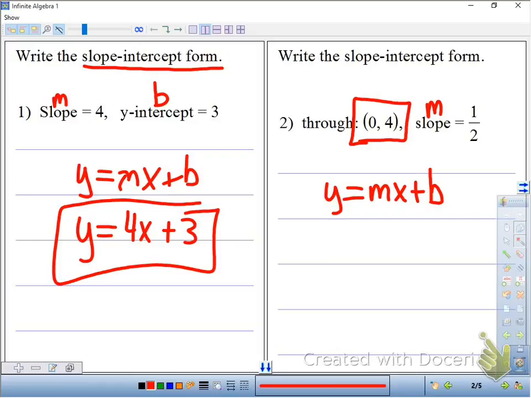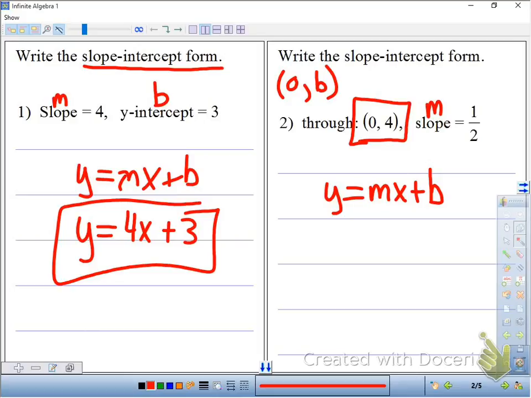But this is no ordinary point. This is what I would call a y-intercept in disguise. How do you know if it's a y-intercept in disguise? The x value is 0. If the x value is 0, the other number happens to be your y-intercept. It's just not as obvious as it is in number 1.